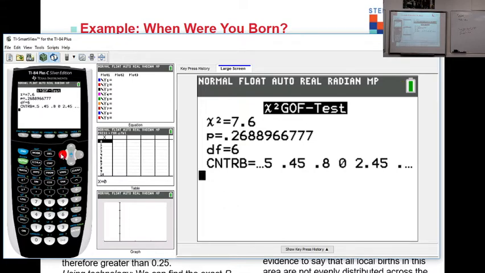So that's what these are down here. Again, p-value greater than alpha, we're failing to reject. All right, so that's where we look in the calculator. Put the data in list 1 and list 2, and then say where your observed and expected are. That's basically all you need to know for the calculator.